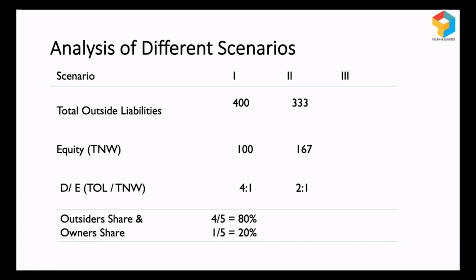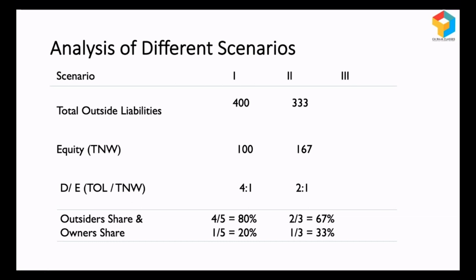It means if 1 rupee is contributed by the owner, this business is borrowing 2 rupees. So if this business is raising 3 rupees, 2 out of 3, that is 2/3, is contributed by outsiders and 1 out of 3, 1/3, is contributed by the owners.